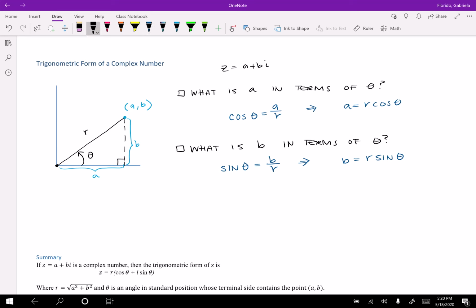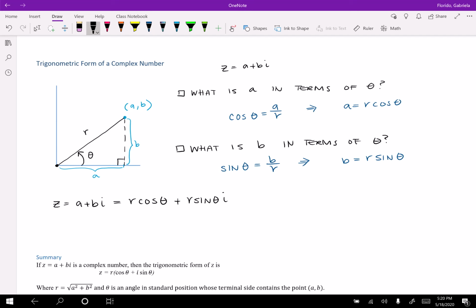So we can rewrite z equal to a plus bi in terms of r and theta, which would be trigonometric form. a is equal to r cosine of theta, and b is equal to r sine of theta, and then we have our little i there.